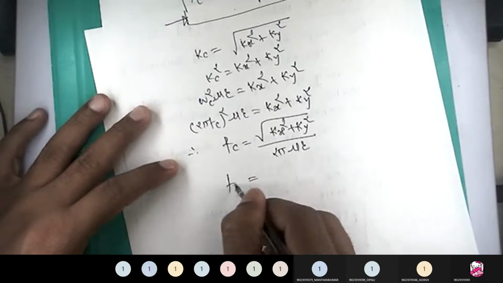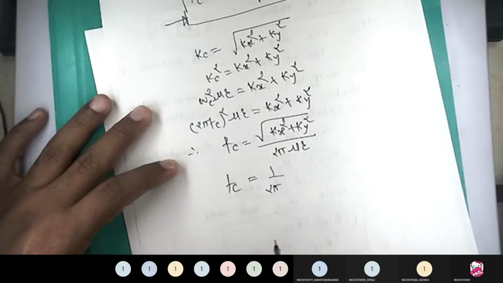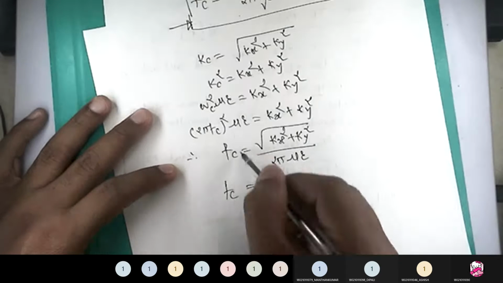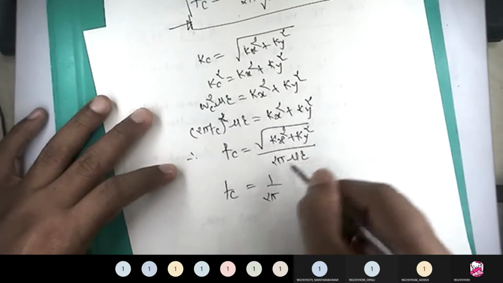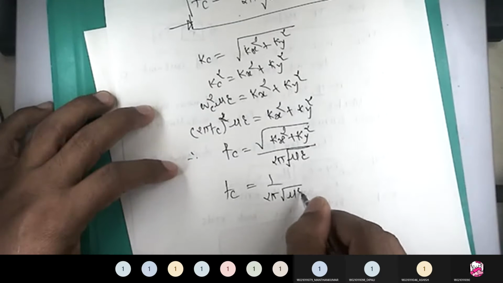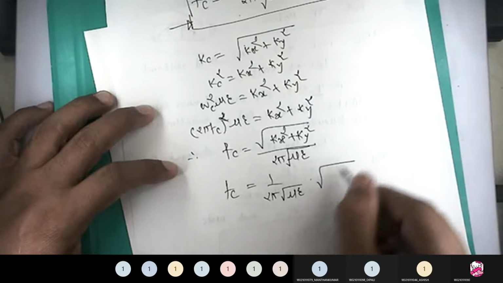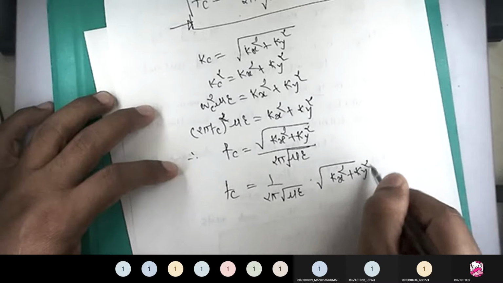Sorry, one thing I missed: because you take the square root, here also you will get a square root. So ultimately fc is 1 over 2 pi square root of mu epsilon, and in bracket you write the square root of kx square plus ky square.